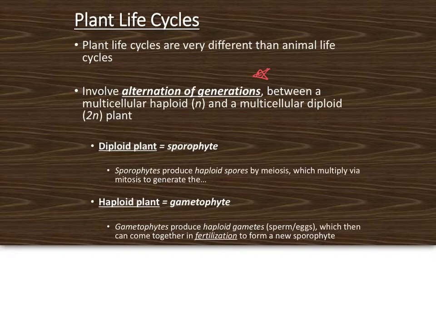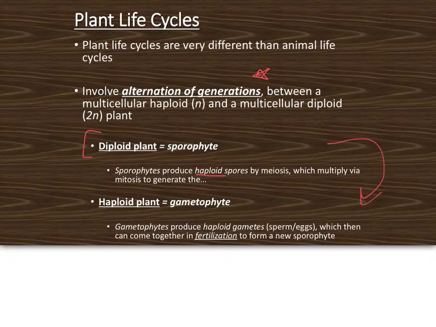Plants are different. Plants actually shift between being a diploid plant and a haploid plant at different stages in its life. So the diploid stage, the diploid plant, is called a sporophyte because it generates spores. And spores are haploid. So a diploid sporophyte will form haploid spores, and then each of them can multiply to form a new organism.